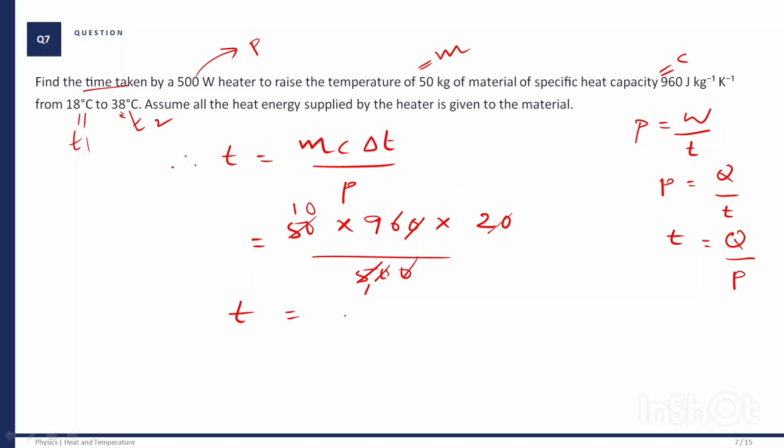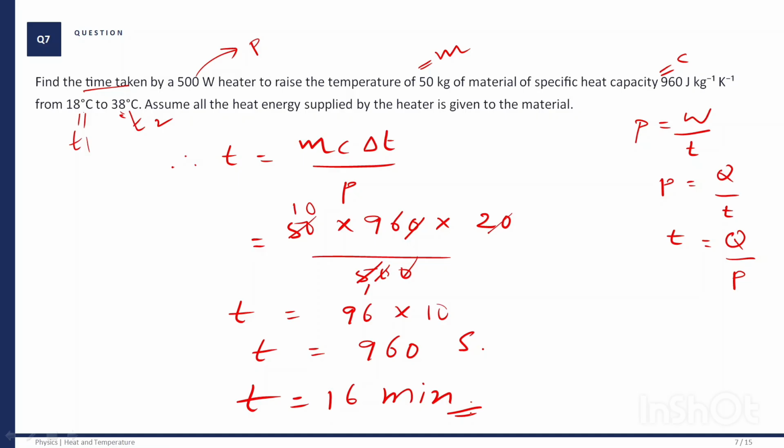Time t equals 96 into 10, so time t equals 960 seconds. If you want to convert it into minutes, you must divide 960 by 60. Then you will get the time in minutes. It is 16 minutes.